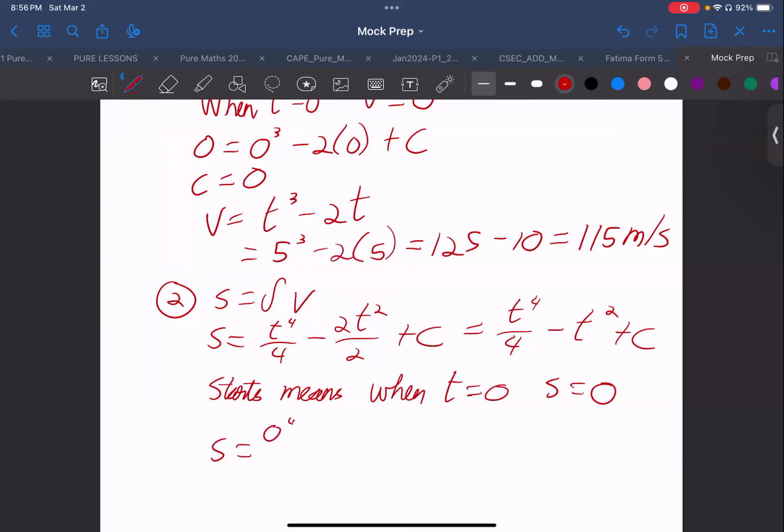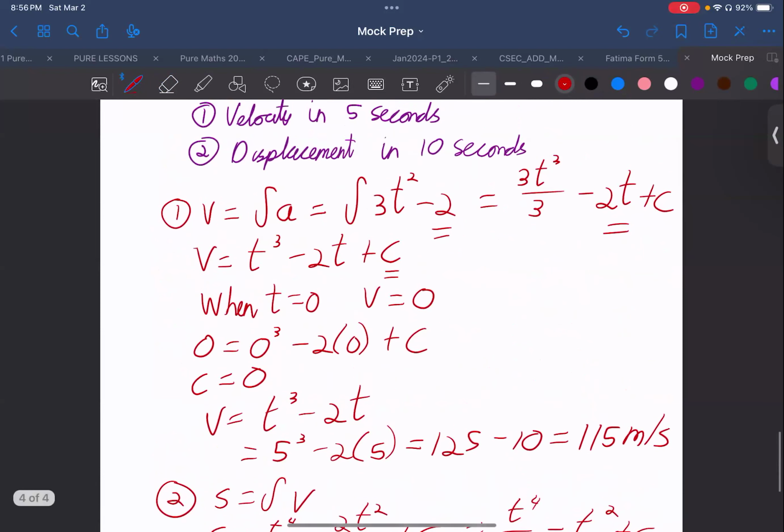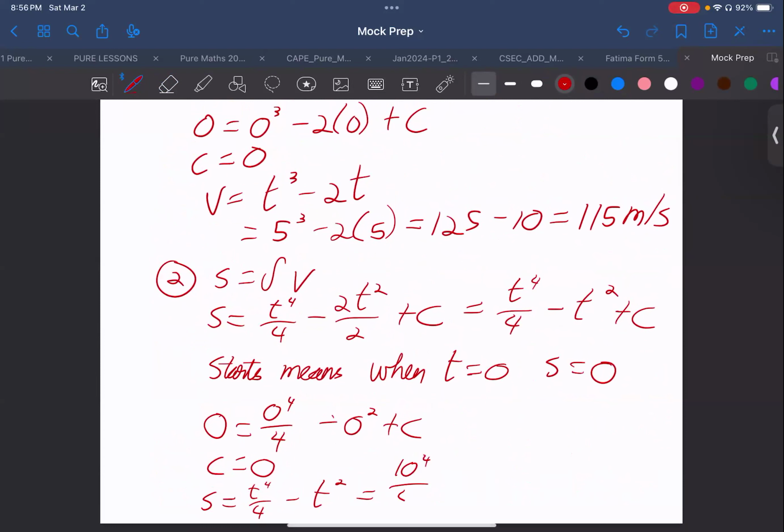So 0 to the 4 over 4 minus 0 squared plus c, so c is 0. Therefore, S is t to the 4 over 4 minus t squared, at the time they wanted, 10 seconds. 10 to the 4 over 4 minus 10 squared is 10,000 over 4, 2,500 minus 100, which is 2,400 meters.